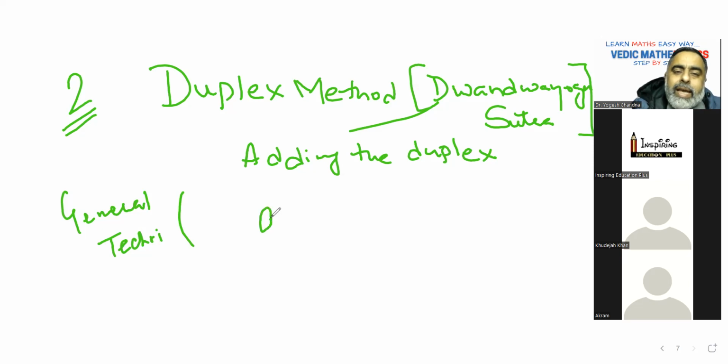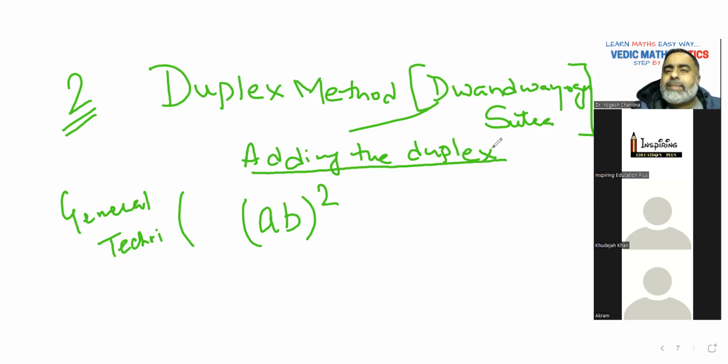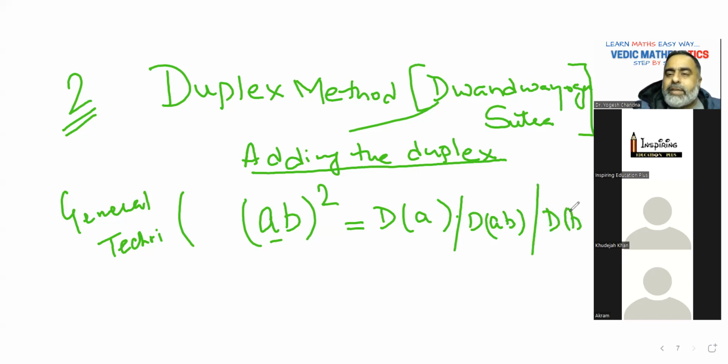If a number is AB and we have to find a square, I said adding the duplexes. Now this means duplex of A, the first number, duplex of AB, both digits, and duplex of B, the last digit. It works like this. First, you keep on increasing up till the last and then start reducing the initial numbers.